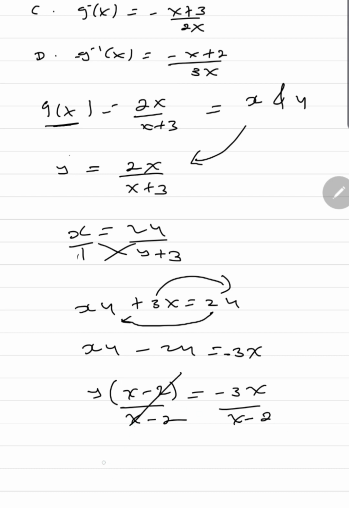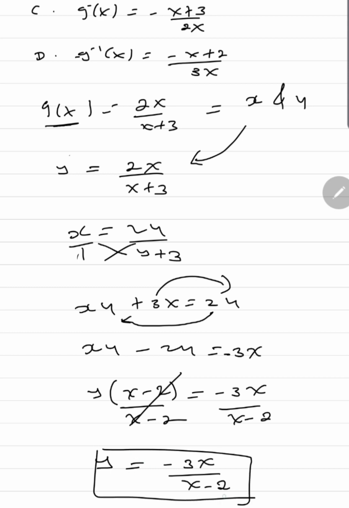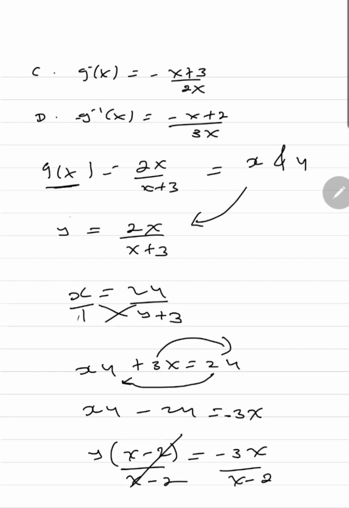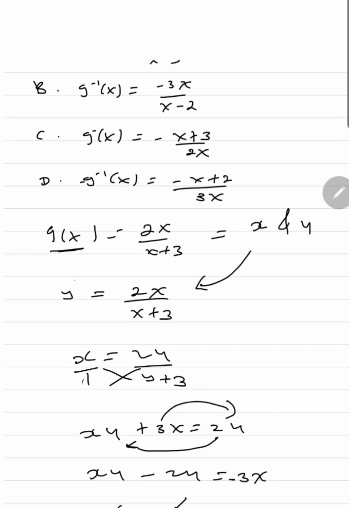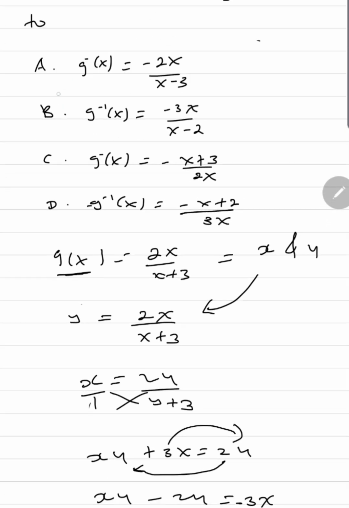This will be cancelled. Y is equals to minus 3x over x minus 2 is our answer. So what is our answers? It's B. Minus 3x over x minus 2 is our answer. Well done.